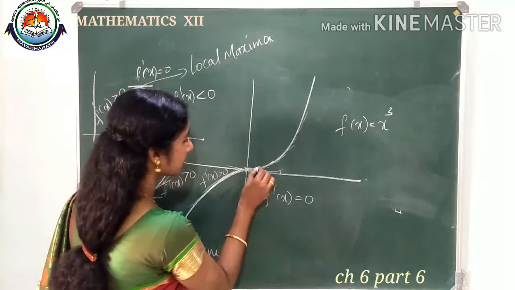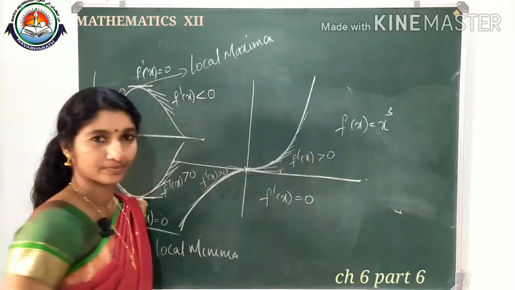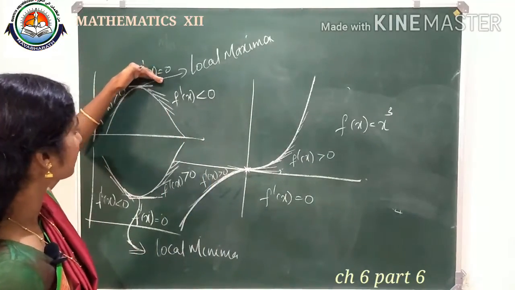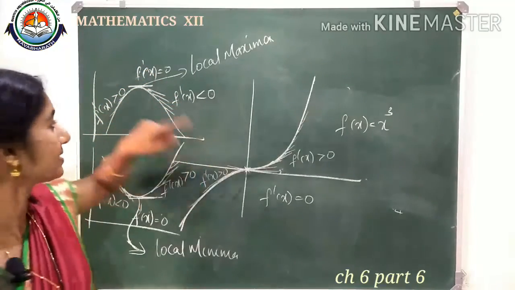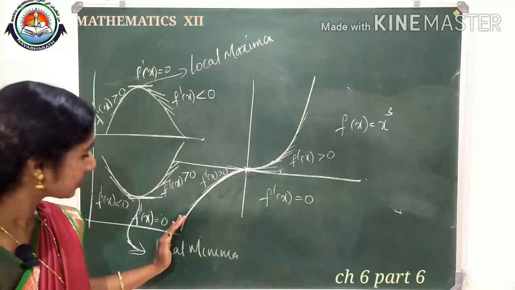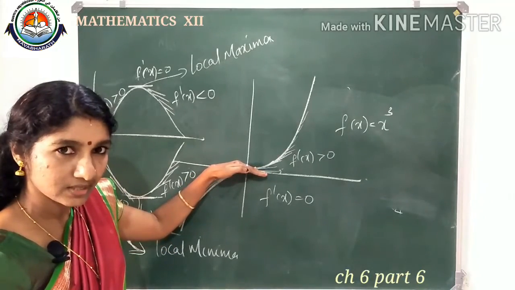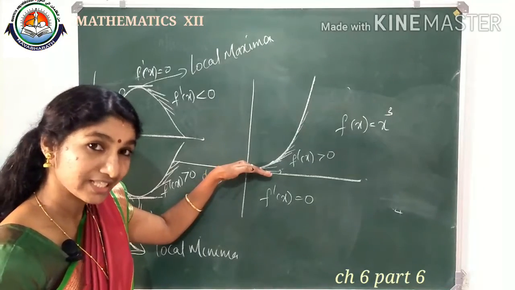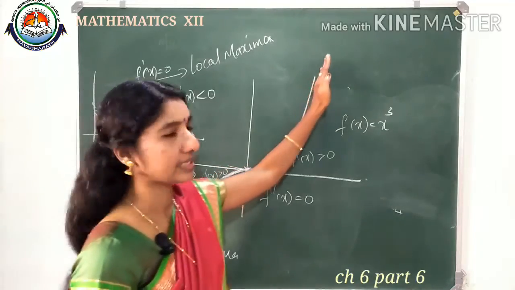And after that also we are getting f dash of x greater than 0. If f dash of x greater than 0 and f dash of x equal to 0 at a point, and after that we are getting f dash of x less than 0, then we can say this point is a local maxima. But here what happened? It shows an increasing nature, and at a particular point the tangent is parallel to the x-axis, or the slope of the tangent equal to 0, and again it's showing an increasing nature.